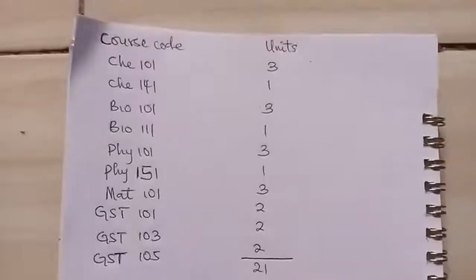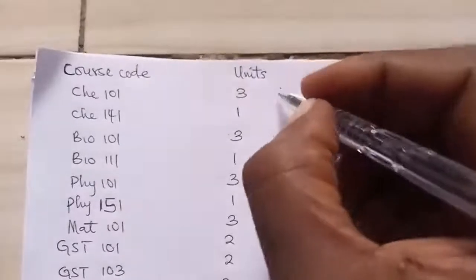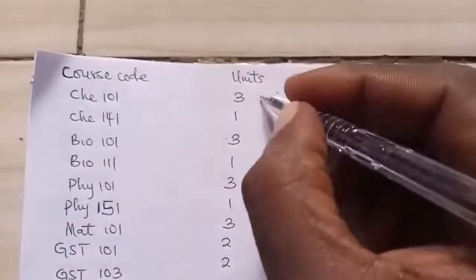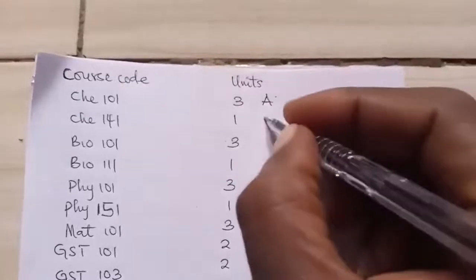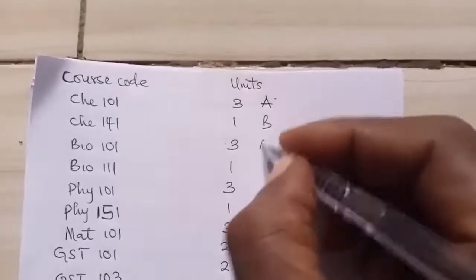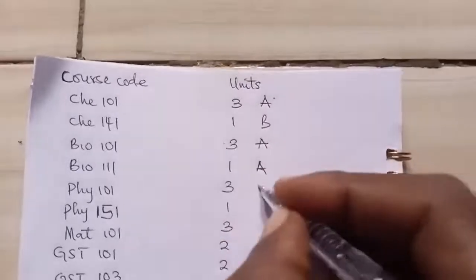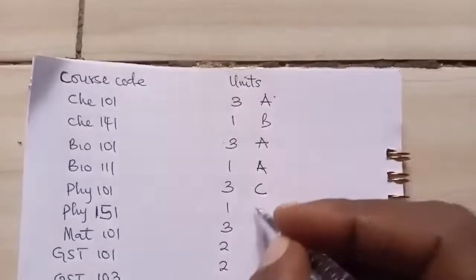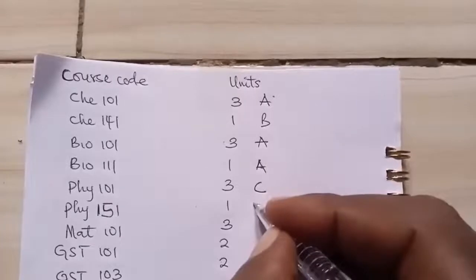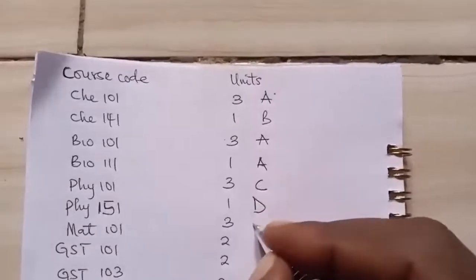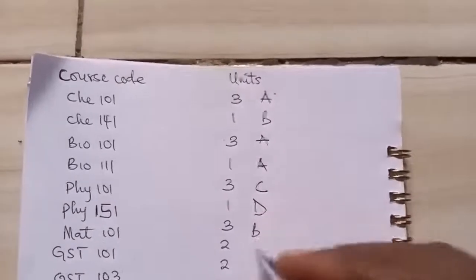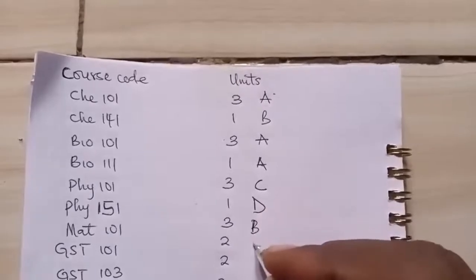0 points. So let's take, for example, a student who, after writing an exam, made A for this course, B for this one, A for this one, A for this one, maybe C for this one, maybe D for this one, B for this one, and E for this one.